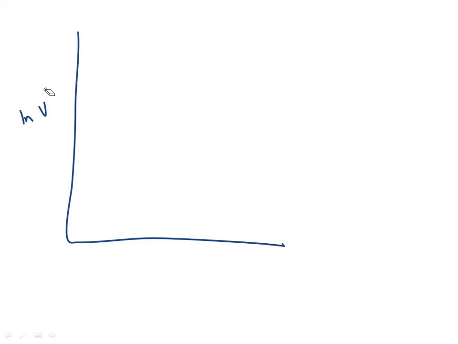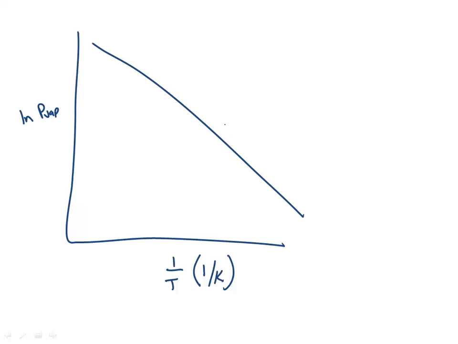So to make a straight graph, if I plot the natural log of the vapor pressure versus 1 over the temperature in Kelvin, then I get a straight line whose slope is equal to minus delta H of vaporization over that gas constant R. And of course, like I said, we don't really worry about it, but that's the y-intercept.